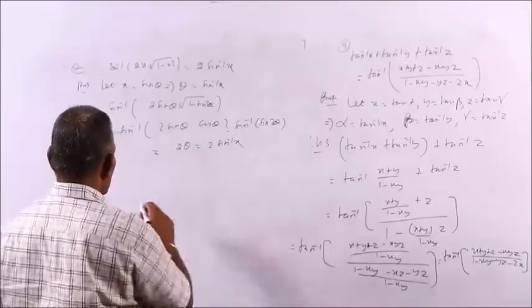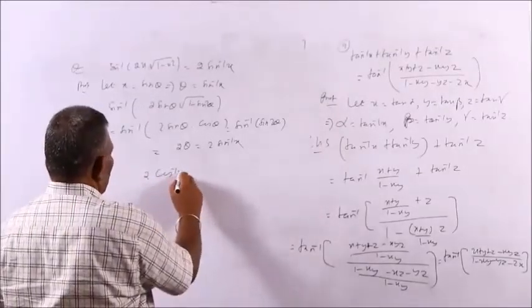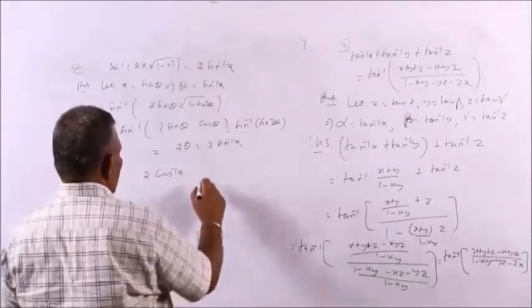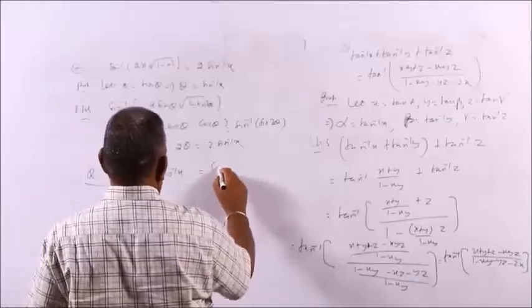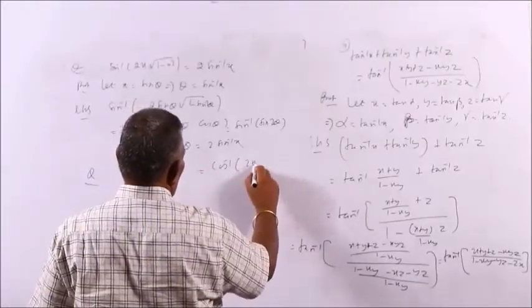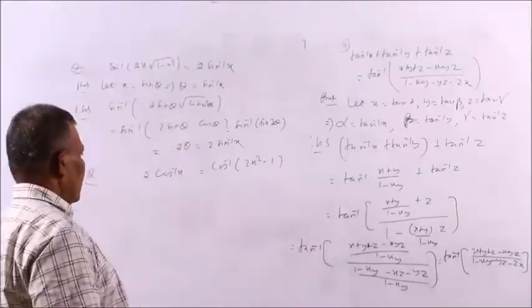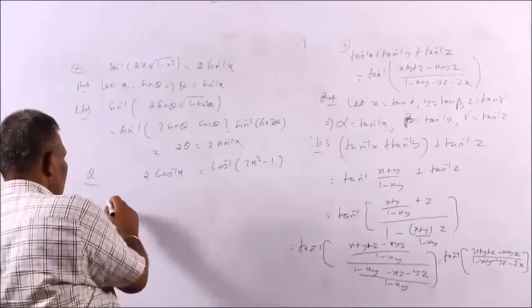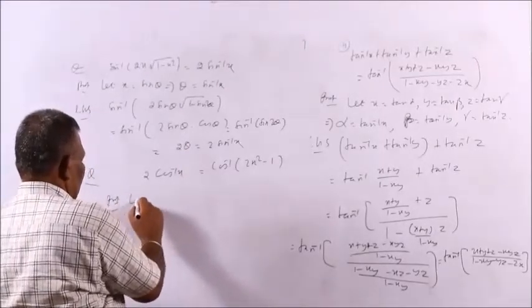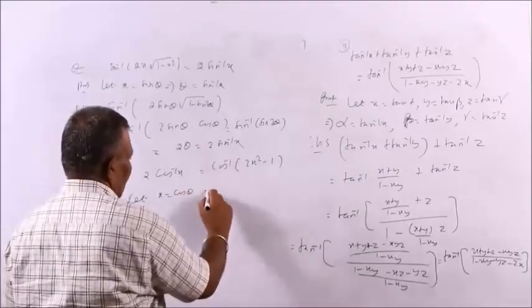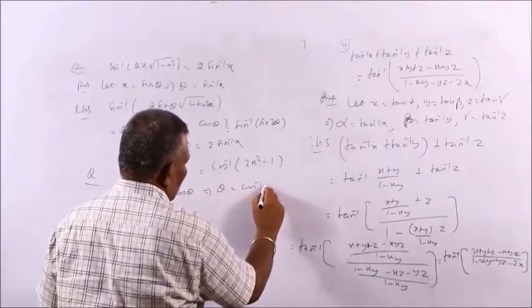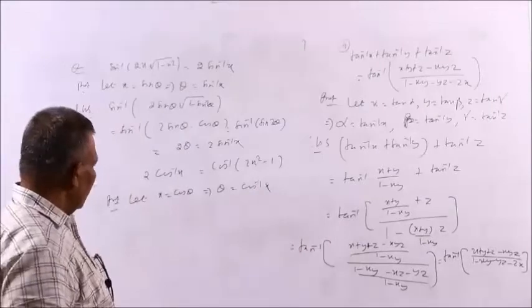Similarly, 2 cos inverse x equals cos inverse of 2x square minus 1. For this, let us take x equals cos theta. That implies theta equals cos inverse x.